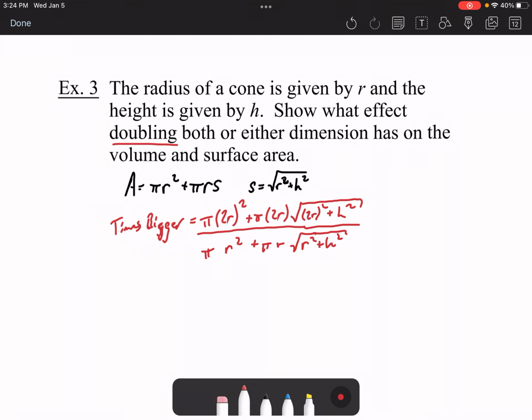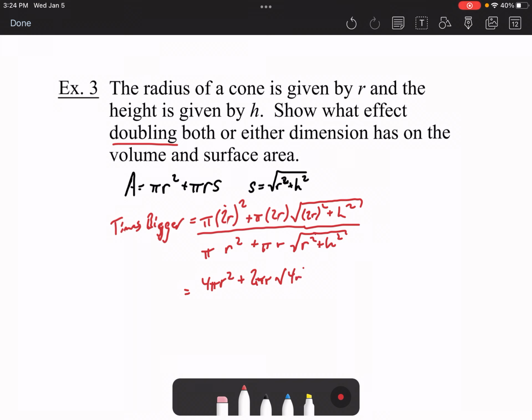Okay, so how many times bigger? There doesn't seem to be any kind of relationship here because of that 2 in the numerator. That's just going to be 4 pi r squared. This is going to be 2 pi r.